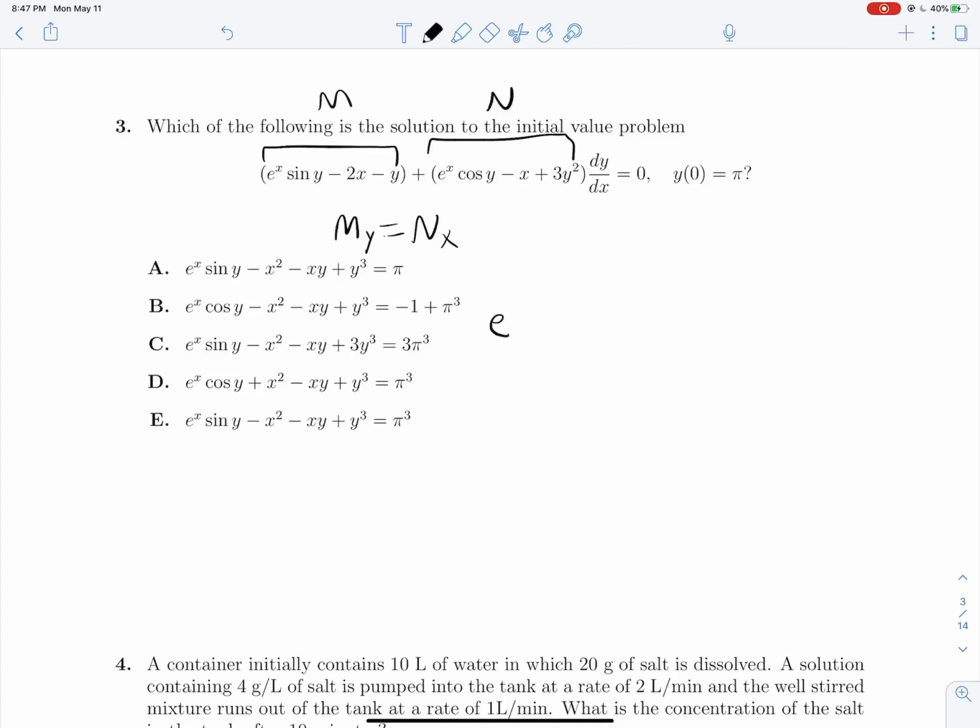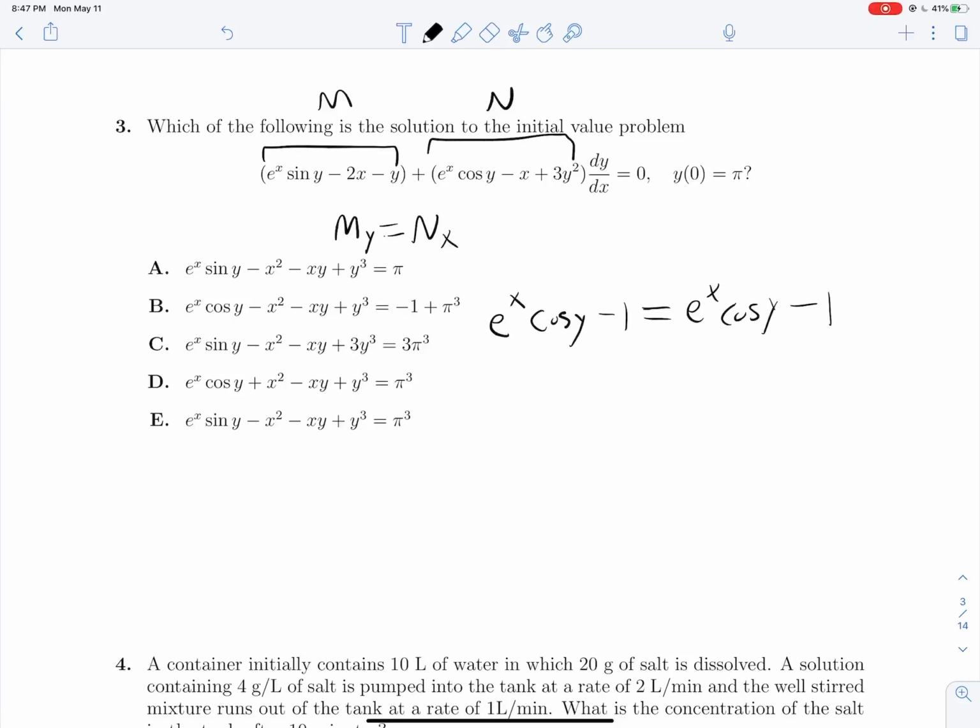M_y is the partial derivative of M with respect to y, e to the x cosine y minus 1, and we'll see if that's equal to N_x, which is e to the x cosine y minus 1. So yep, we are dealing with an exact equation here.